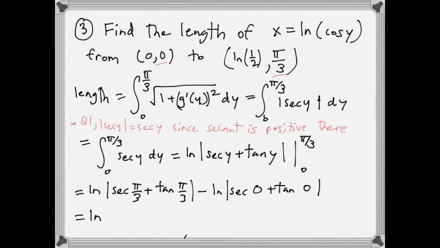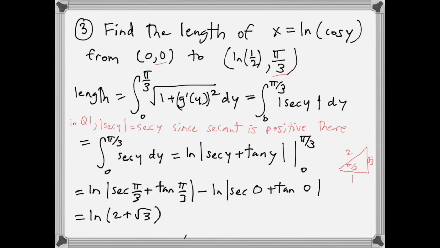What's tangent of pi over 3? Maybe we can write down a triangle here. So when you have pi over 3 right here, then this would be your 1, your 2, and your root 3. Or maybe I should have done that from the beginning, right? So tangent of that guy would be just root 3. So that means you get 2 plus root 3.